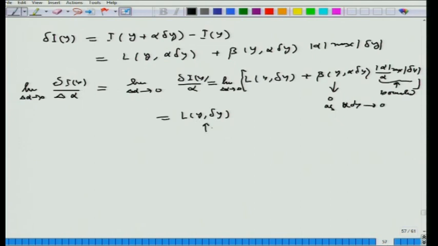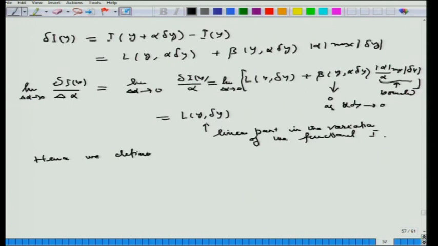of the functional. And so, as we defined the differential, we define the variation delta I as L y delta y.